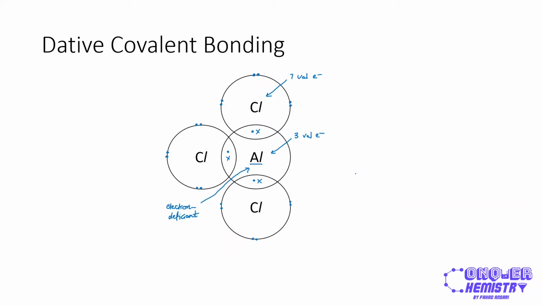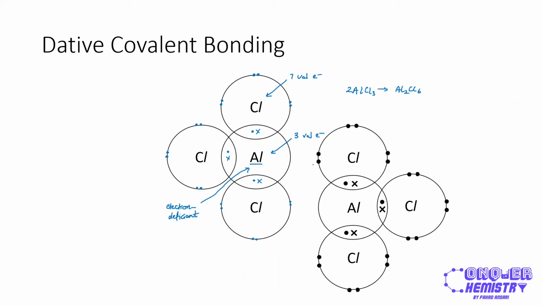So what it does is, normally AlCl3 or aluminium chloride will react with another AlCl3 unit to give you a larger molecule which is called Al2Cl6, right? And that's going to get rid of this electron deficiency. So we have another AlCl3 over here. What happens is the chlorine has this lone pair that will be used to form a dative covalent bond with this aluminium. Now the aluminium has a complete octet.